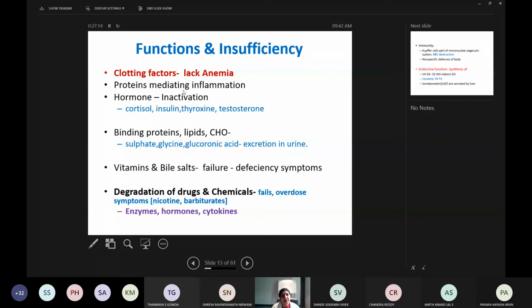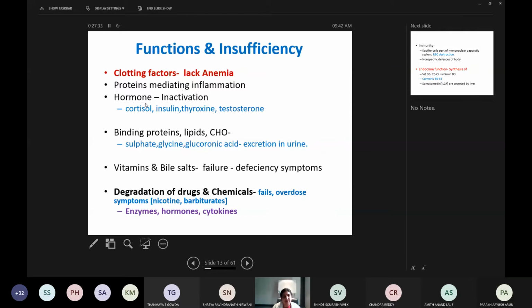So if liver functions are deranged, that is going to affect our immunity also, wherein the regulation of inflammation, or the fight against the inflammation, becomes very weak if the liver is affected.